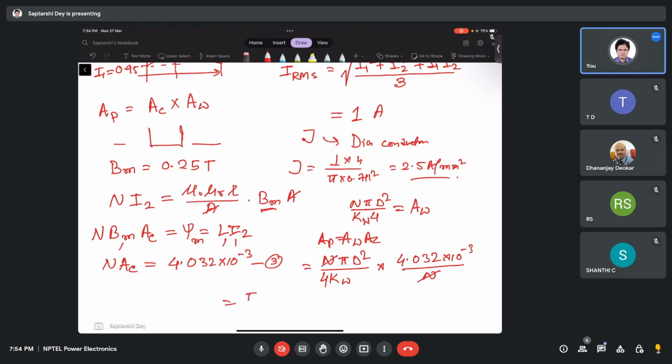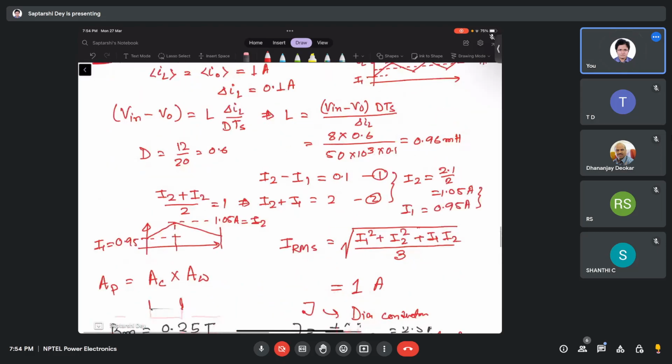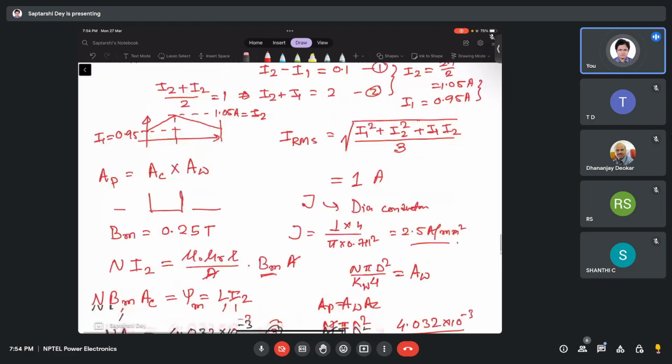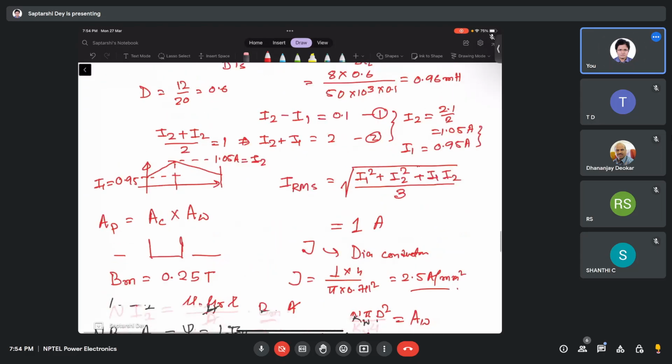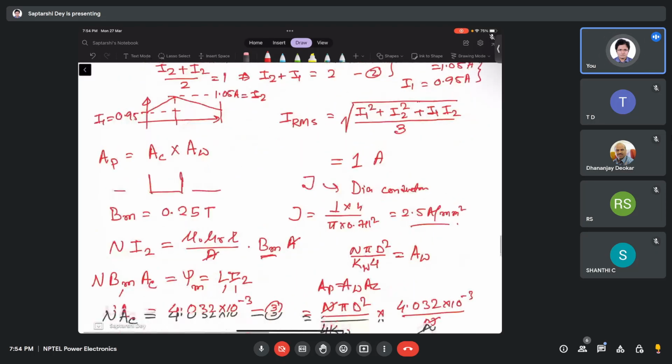So we have pi, what is d? 0.711, so 0.711 10 to the power minus 3, d squared times 4.032 10 to the power minus 3, whole divided by 4 times kW, which is 0.55.